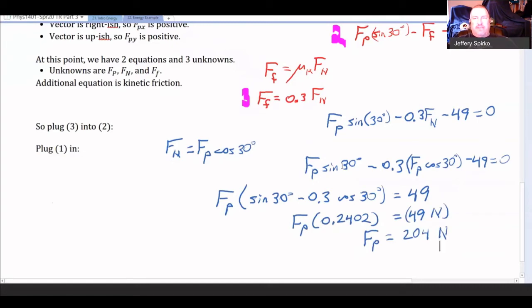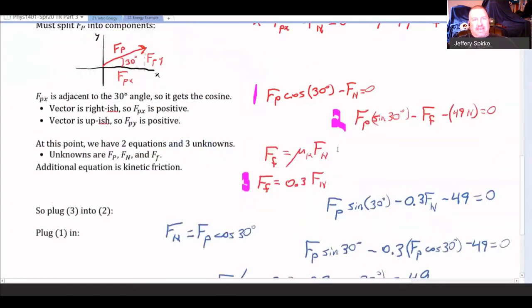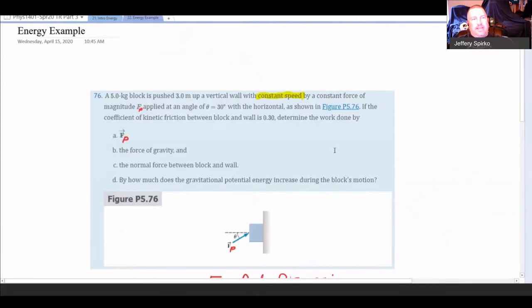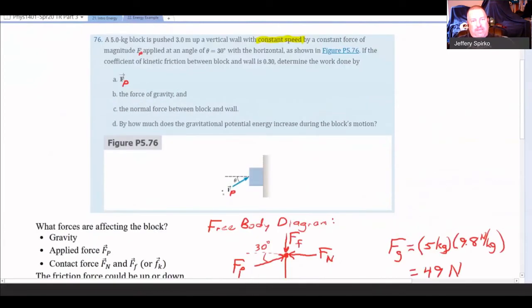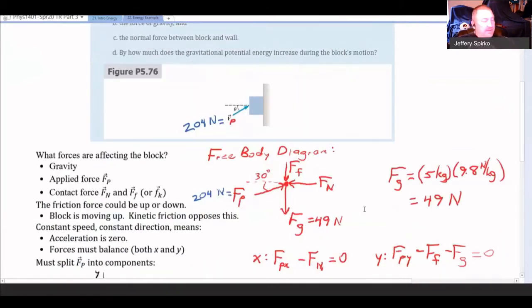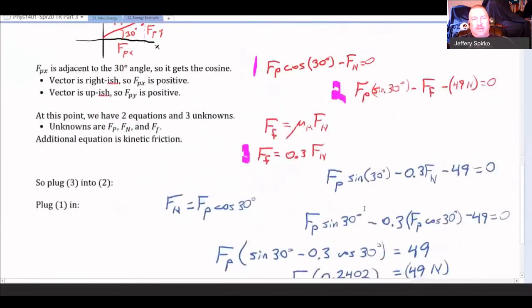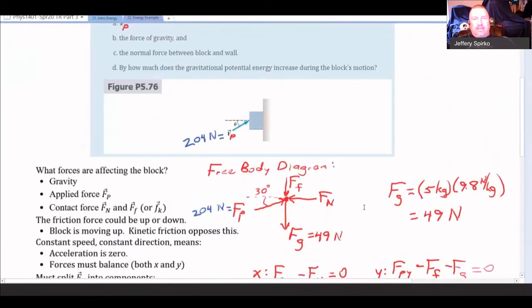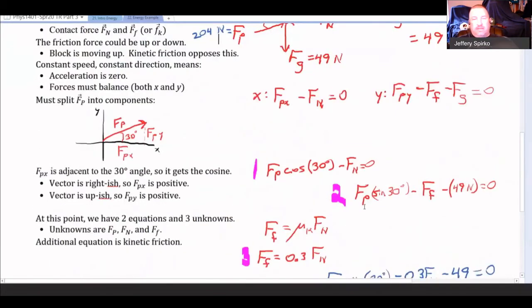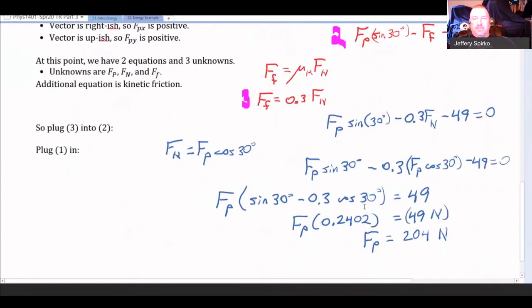And that's what breaks everything open in this analysis. Now I know, and I can even make note that FP equals 204 newtons, and it was like 204.00 in this particular case on my calculator. So now what do? Now I need to find those other two forces. Because I started a force analysis, I might as well finish my force analysis.